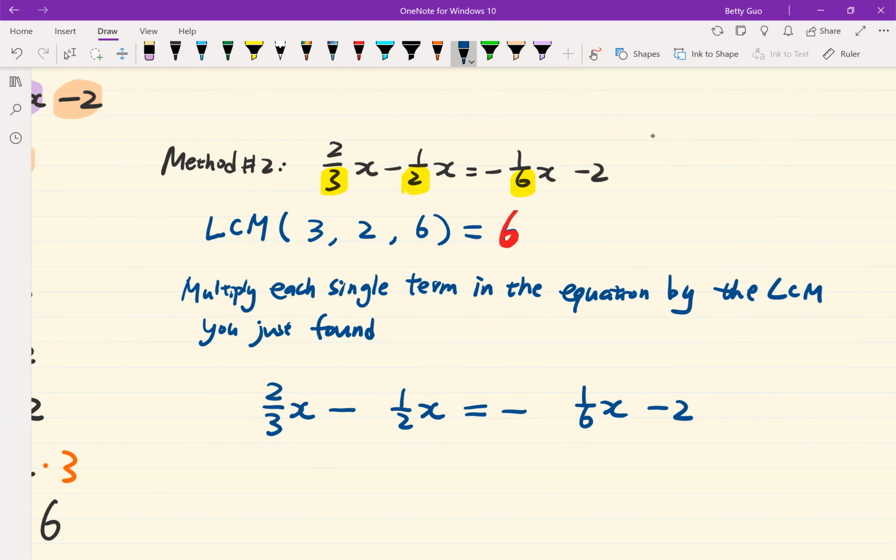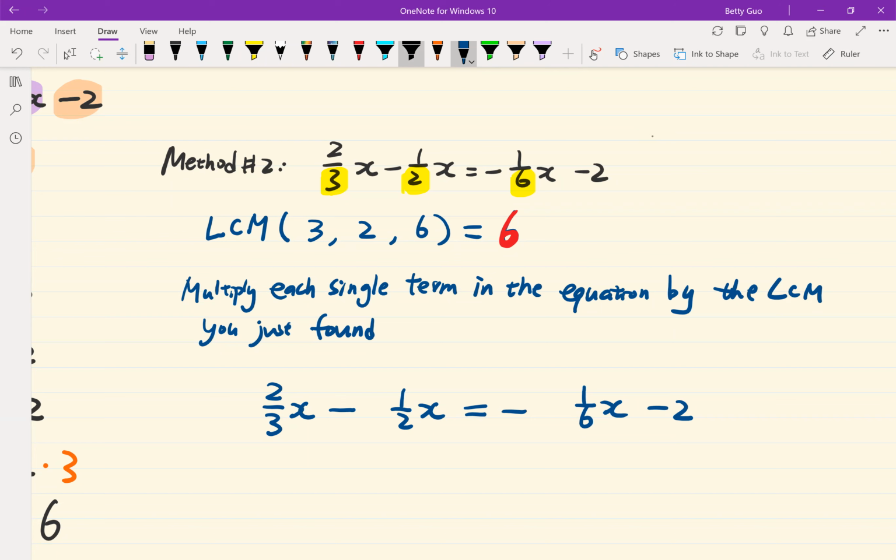So be very careful. You are going to multiply all the terms in the equation the same way. It's like if I'm a teacher, I treat you guys differently, you're not happy. I have to treat everybody the same way. Same thing, you're going to treat every term in the equation the same way.